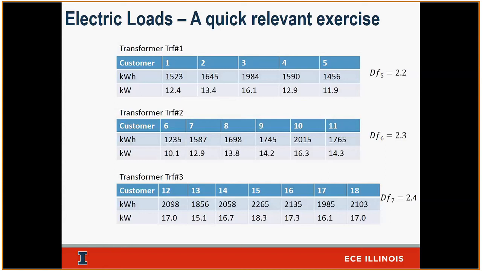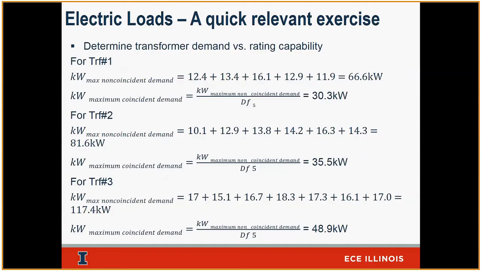And these are the actual numbers that we've got for them for a specific time period. So I have kWh, that's the energy consumption, and kW is the demand, right? That's the average demand at that specific time period. And then I have some demand factors. These are the demand factors for each one of these transformers.